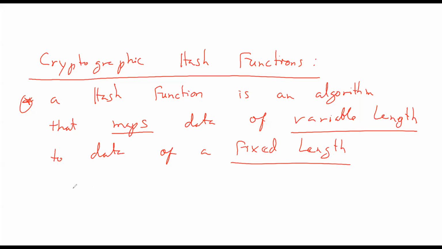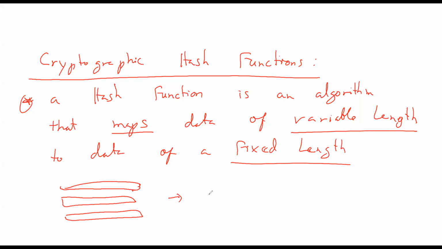We can have a message that continues down here and down here that is that big. It goes through some hash function, and that hash function always produces something of fixed length. Whereas this is variable length, this one over here is fixed length.